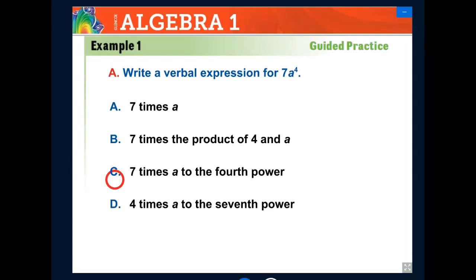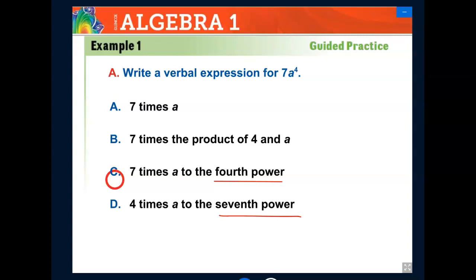The answer is C. All right, so let's talk about what the difference is, because everybody kind of picked between C and D. The main difference is which power is the right power. The power is the number the variable is being raised to.